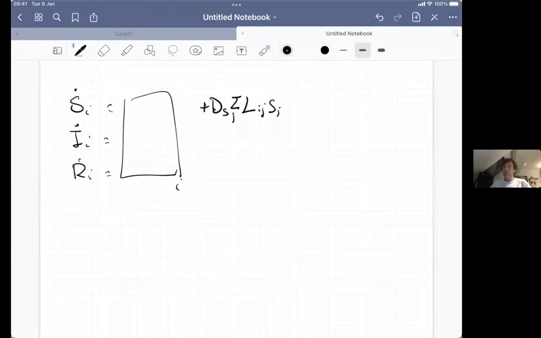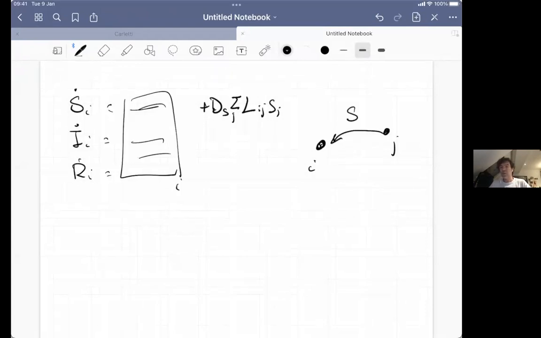This means that the concentration of susceptible persons in node i increases because of the reaction, of course, but also because susceptible persons from node j go to node i. Each node is a city, and you have a flow of susceptible persons from j to i.